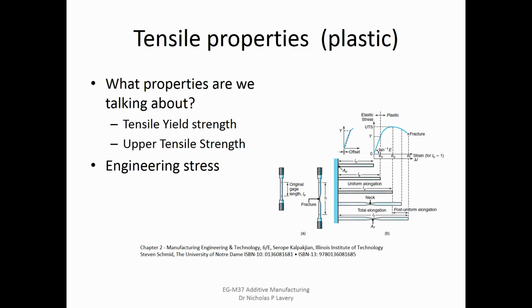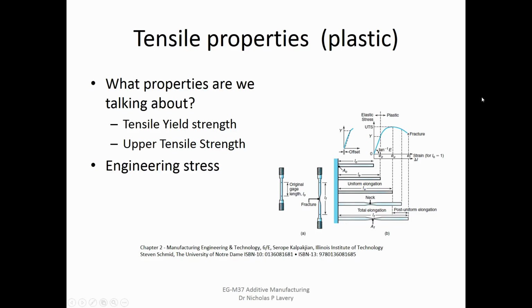So there are lots of standards. There's ASTM standards, and all the samples that you can make will give you different stress strain curves, and it takes you a long time to develop the right samples.